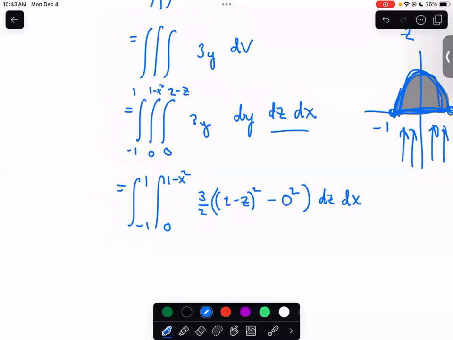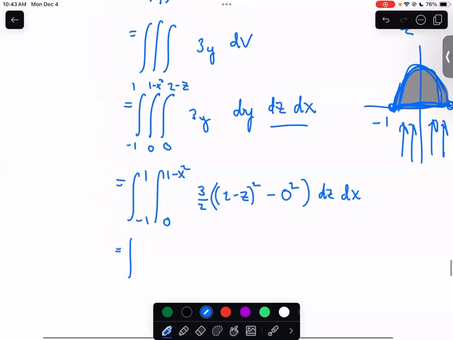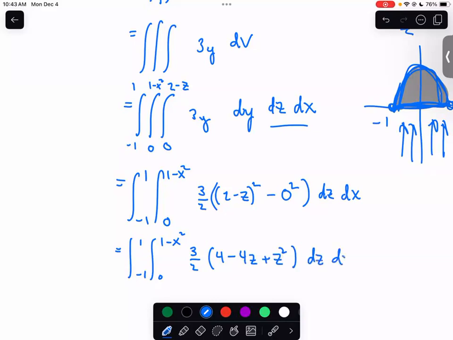Now, to do the next line, I need to expand this 2 minus z quantity squared. Let me FOIL it out, and I'm going to have 4 minus 4z plus z squared.